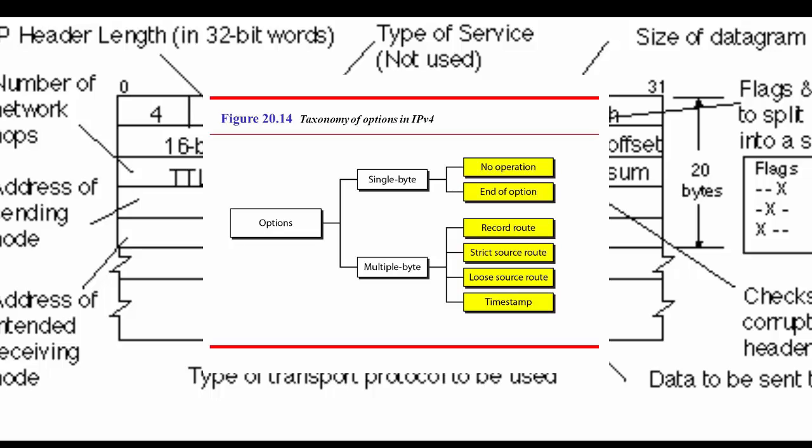The list of options may be terminated with an end of option. This is only necessary if the end of the options would not otherwise coincide with the end of the header. The options are variable length. There may be 0 or more options.